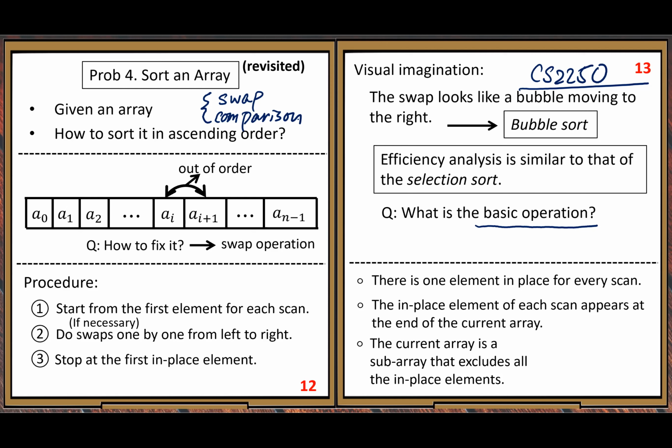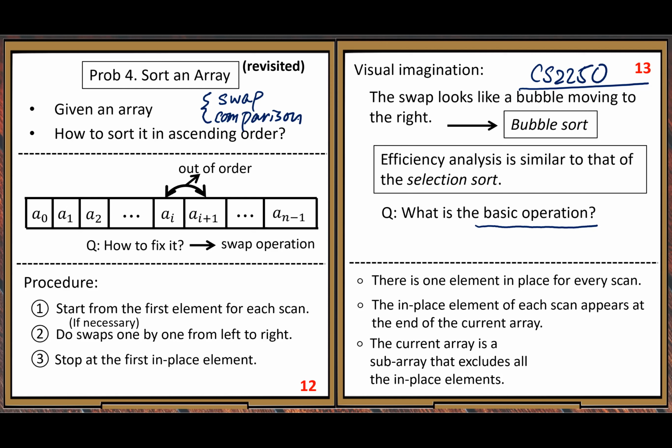If the input array is already sorted, then there is no swap operation, right? Because every time you check if two adjacent elements form an inversion, they are in order, no inversion, so you do not need to swap. But you need to do comparison. When you check if two adjacent elements form an inversion, you do one comparison.